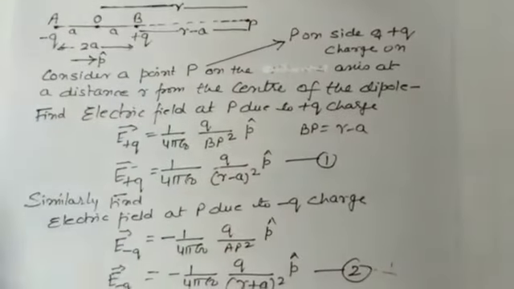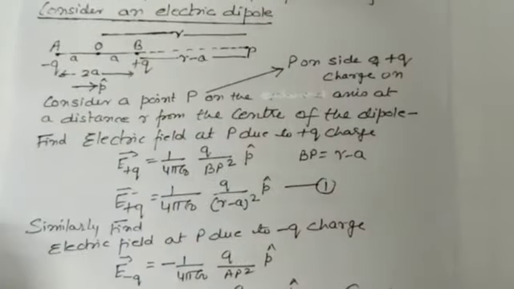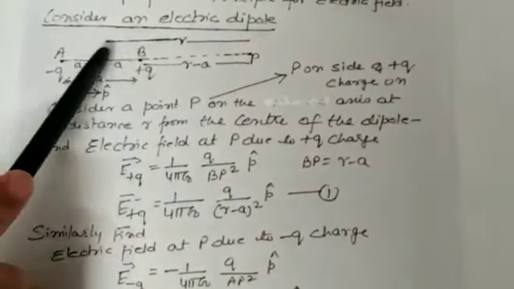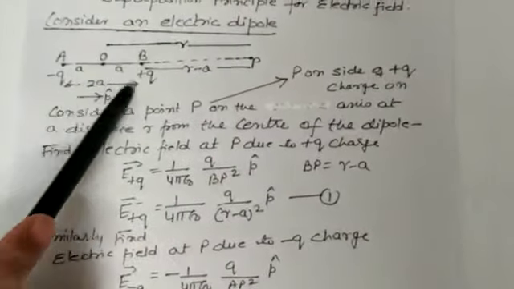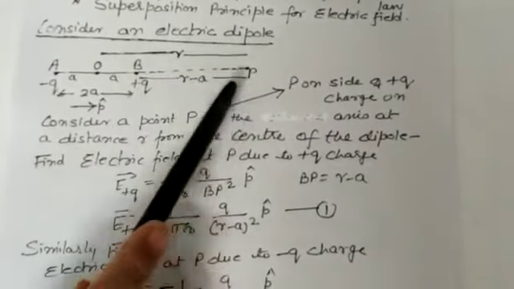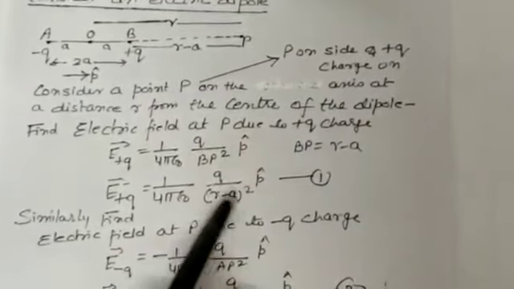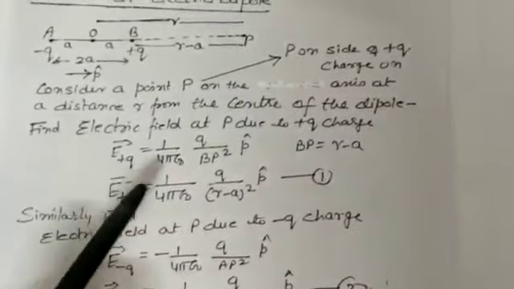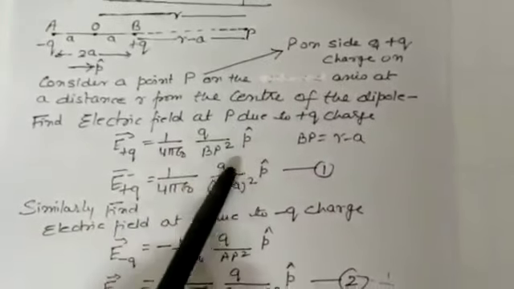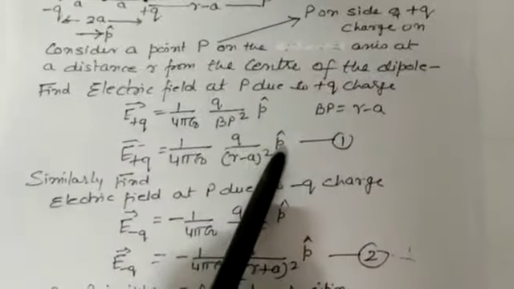Now this BP is the distance of plus q with respect to P. Because your P position from O is r, OB is a, since your dipole length was 2a, the distance BP is r minus a. So we replace BP by r minus a, and E plus q becomes 1 by 4 pi epsilon naught q by (r minus a) whole square p unit vector.